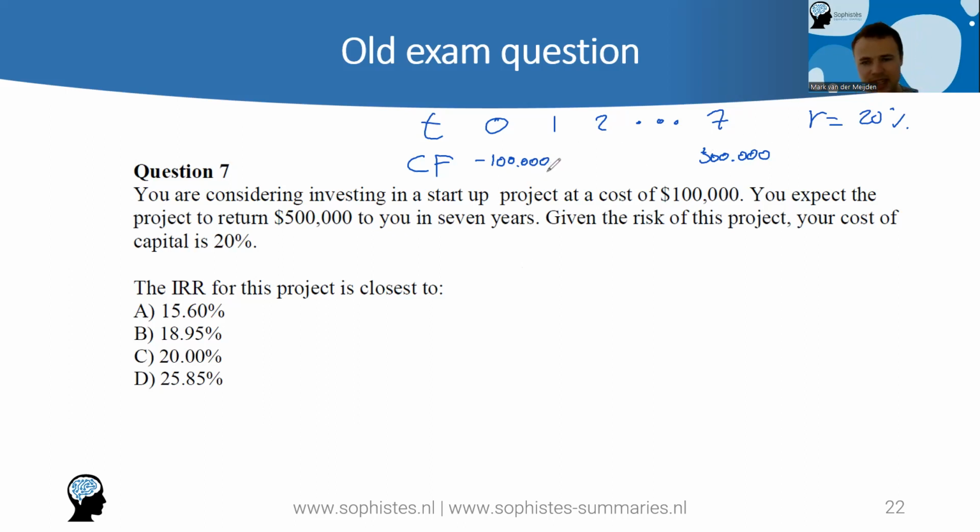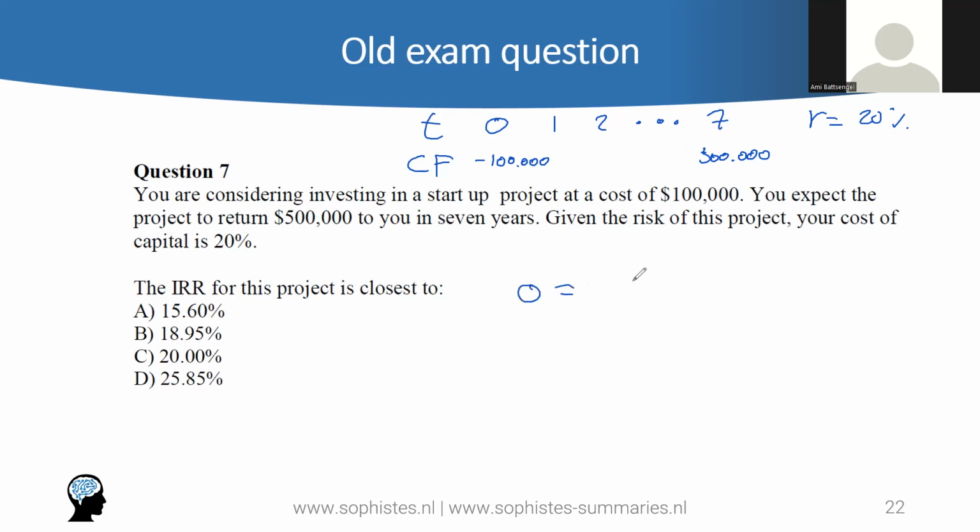So you now invest 100,000 and then 7 years later you get 500,000. So how do I find a 0 equals minus 100,000 plus 500,000 divided by 1 plus 0.2 to the power of 7.